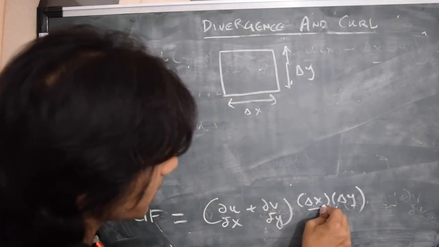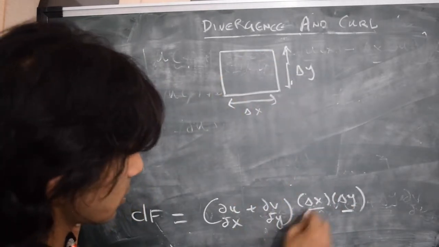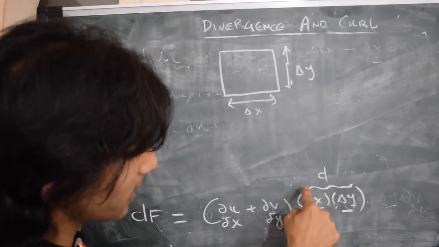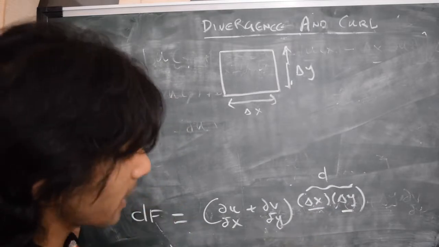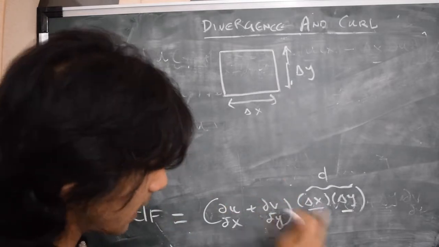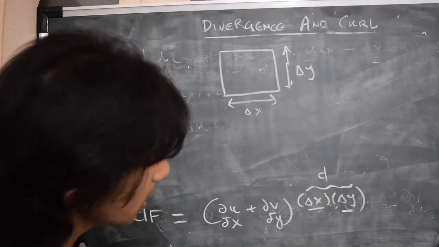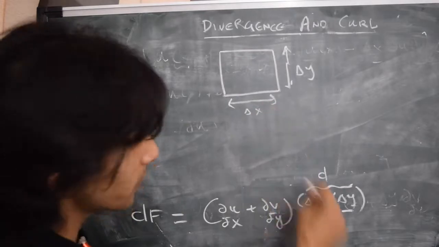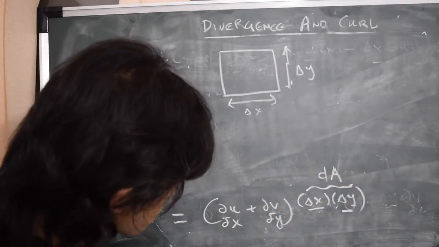Now notice that delta x times delta y is nothing but the area of the loop. So this can be thought of as the infinitesimal. I'll use the delta and the d interchangeably for now, in the sense that we'll be taking all these expressions in the limit that delta x goes to 0 and delta y goes to 0. So let me write down delta x times delta y as the infinitesimal area of this loop and denote that by dA, the infinitesimal area.